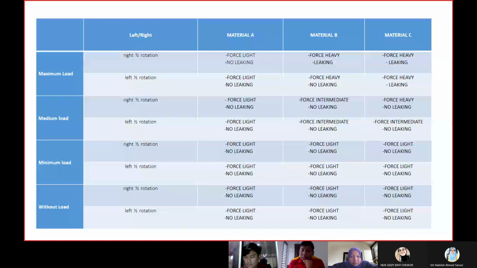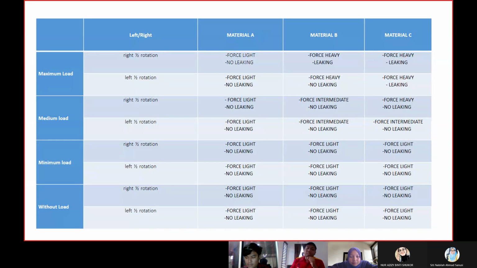But for material B, our observation is that when we rotate right half rotation the force becomes intermediate, the same for left half rotation, but there is no leaking in the component. For material C, the right half rotation is already heavy, but the left rotation is intermediate. So as we can see, they have two different results when we put the medium load.